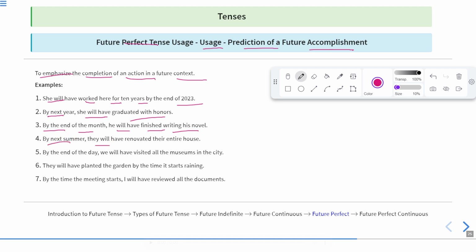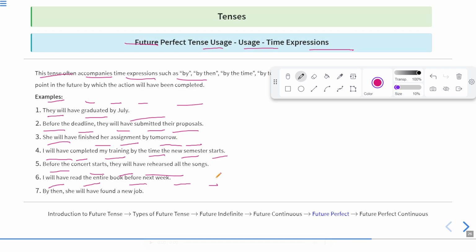By next summer, they will have renovated their entire house. By the end of the day, we will have visited all the museums in the city. They will have planted the garden by the time it starts raining. By the time the meeting starts, I will have reviewed all the documents. Okay, now let us move to the next one.